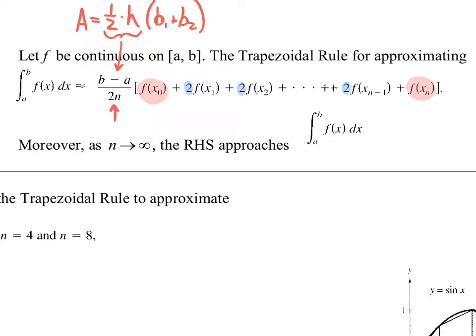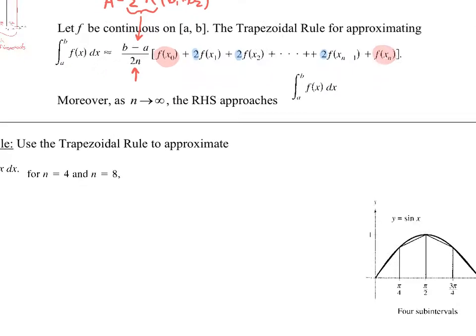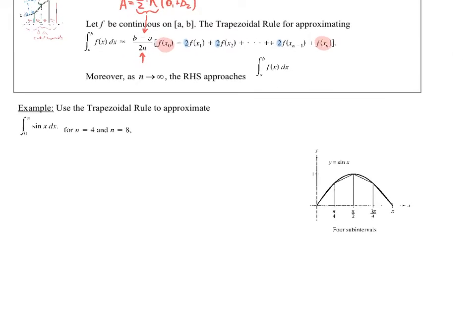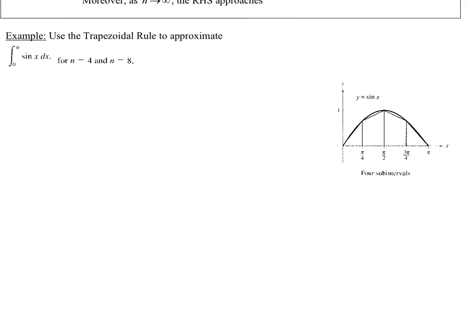So let's do this a couple of times here. I want to work through one. Here we're going to approximate the integral from 0 to pi of sine of x dx. Okay? You might say, well, I already know what the integral of sine of x dx is. It's negative cosine. And you'd be right.